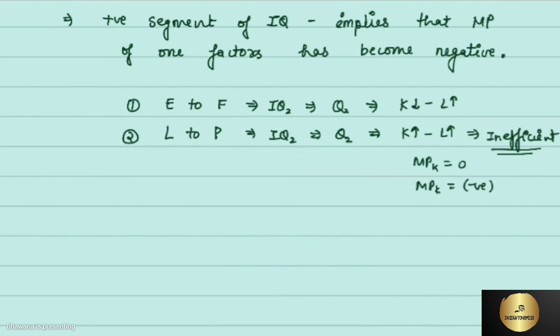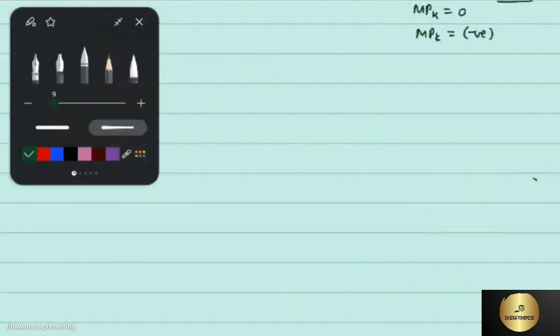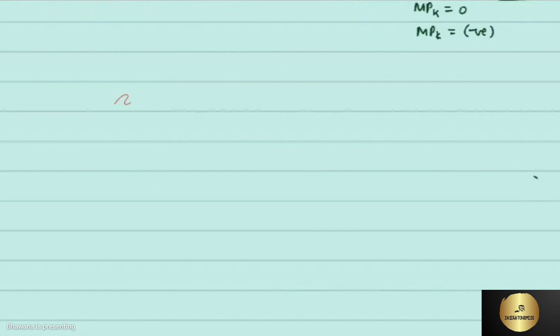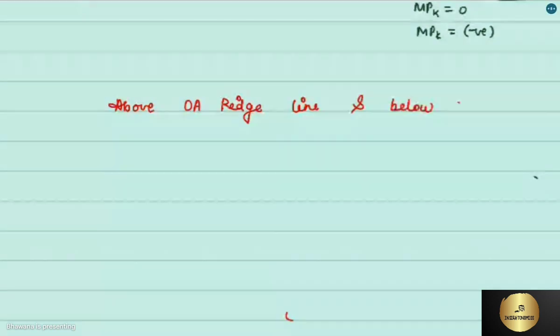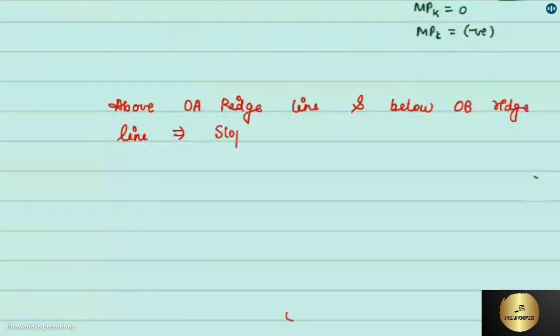Okay, so you can say that above the OA ridge line and below the OB ridge line, the slope of the isoquant is positive.